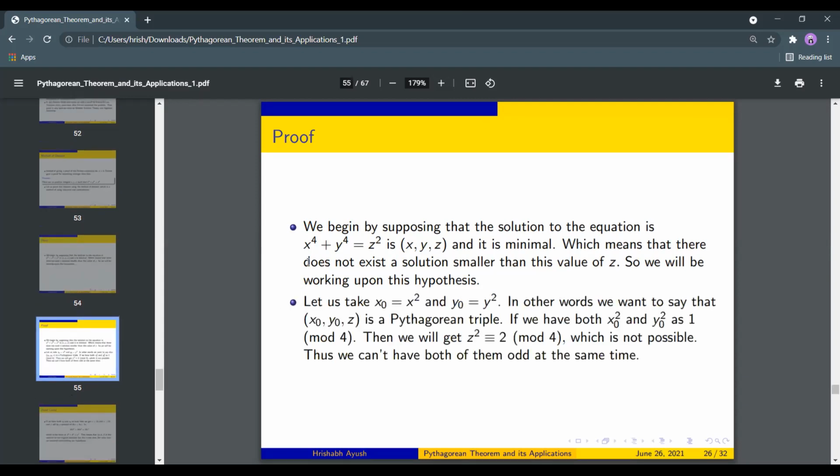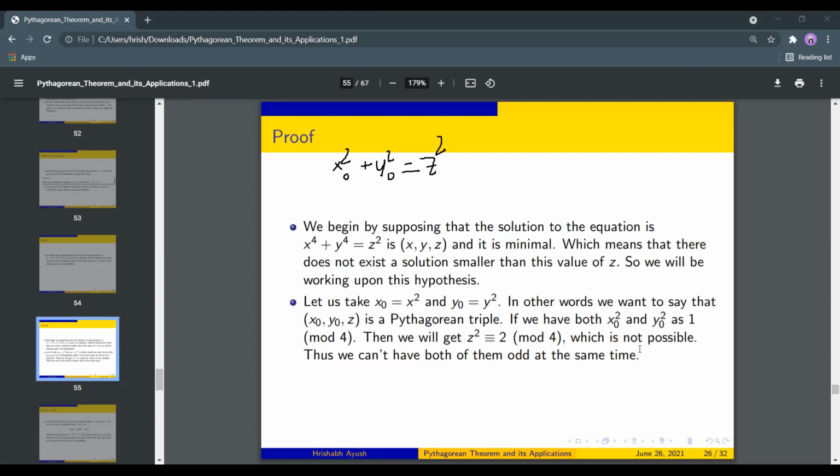So what we can do is make this equation as x naught square plus y naught square equals z square. So this is actually a Pythagorean equation.